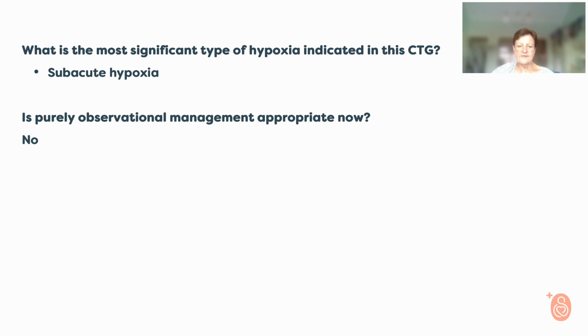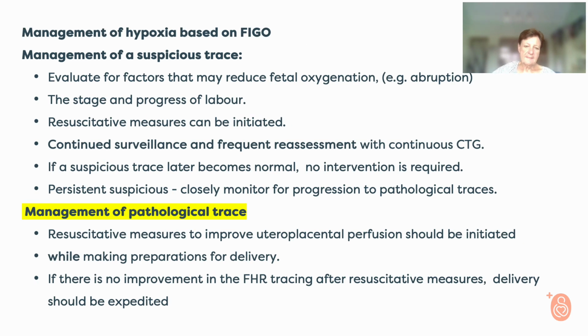And is purely observational management appropriate now? No, because we have said this is a hypoxia, so we need to treat this hypoxia. The management of the hypoxia is based on the FIGO guidelines, because we have said that there's no increased variability on the NICE guidelines, so we work in this case on the FIGO guidelines.